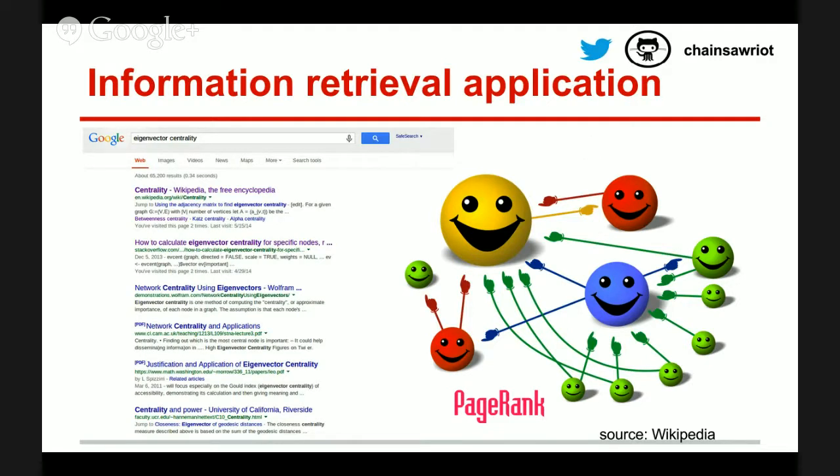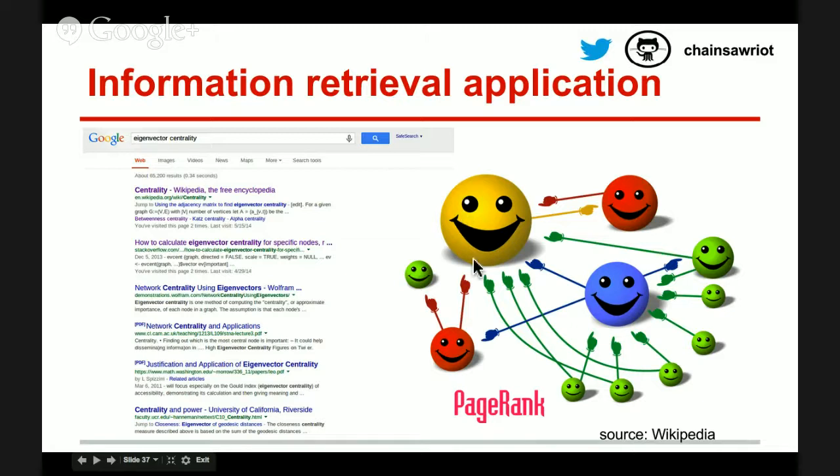For example, when you search for eigenvector centrality, it is actually ranking each particular page using something similar to this. You can imagine each node in this graph is a web page, and this web page links to another web page, and that web page links to another web page.